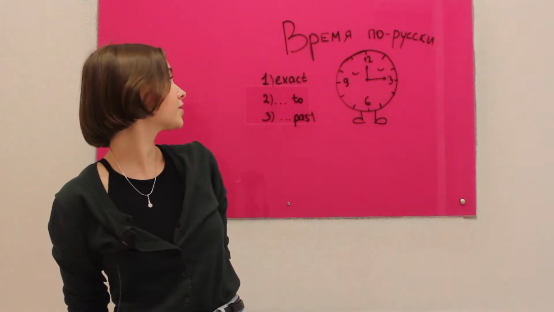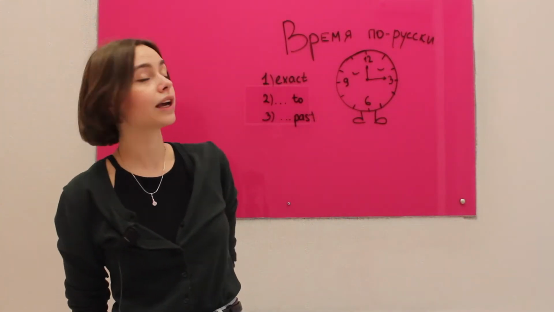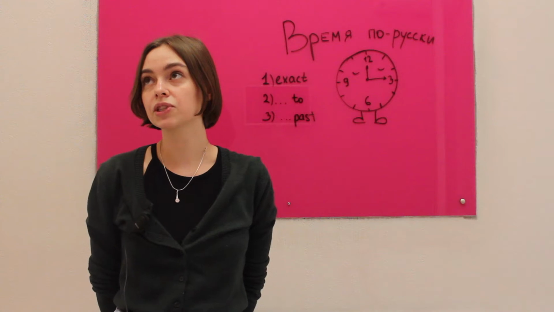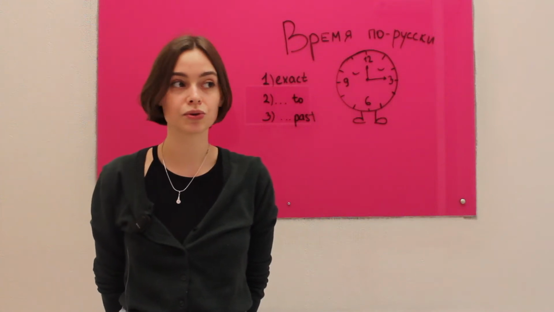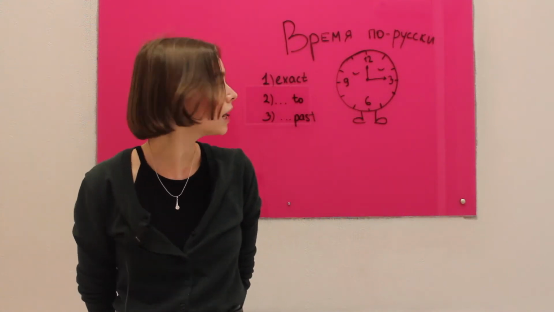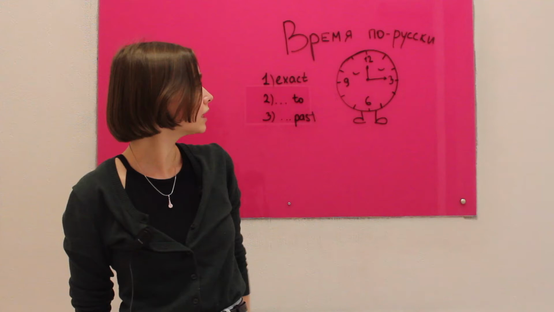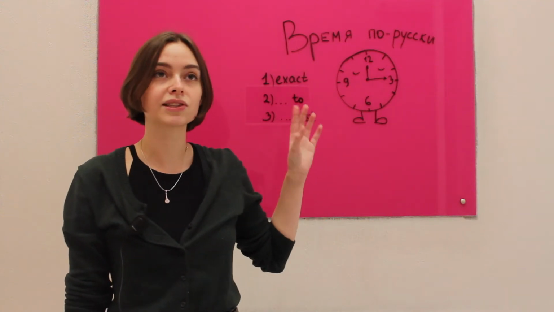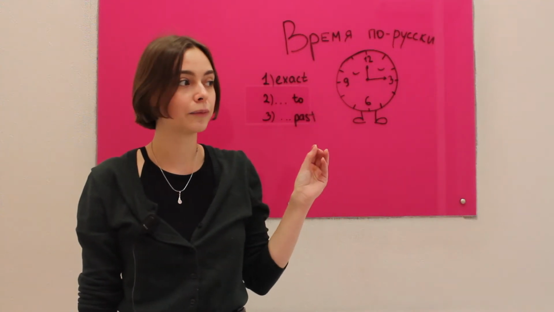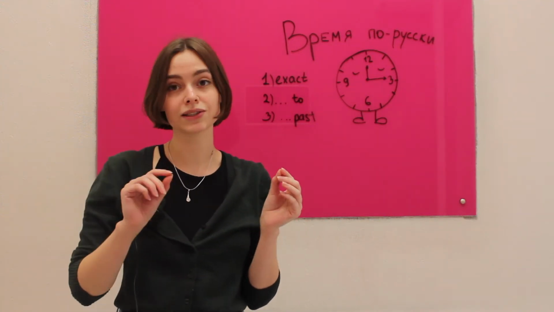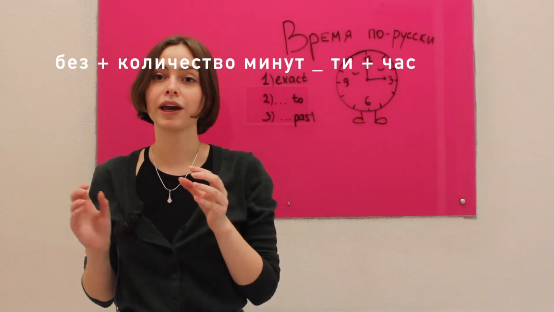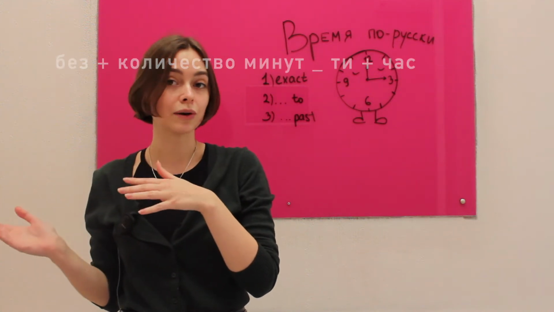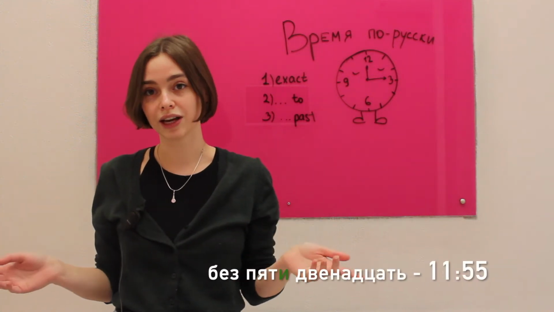So the next thing is how to say that there's 10 minutes left till midnight, for example. We say the number of minutes, let's say 5, and then we add без, and then we add the ending to the number. For example, без 5, 12.